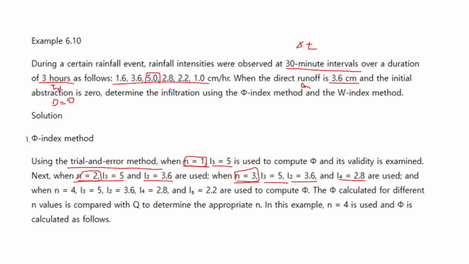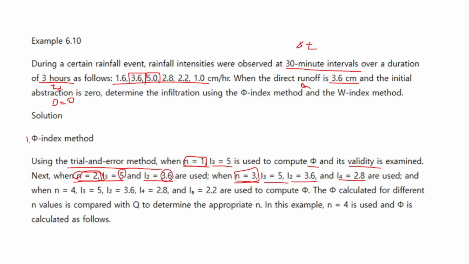So when n equals 1, it only uses this intensity value to compute phi, and then tries to see if it's valid. When n equals 2, it used 5 because it's the highest, and then the next highest is 3.6. So that's why I used 5 and 3.6.